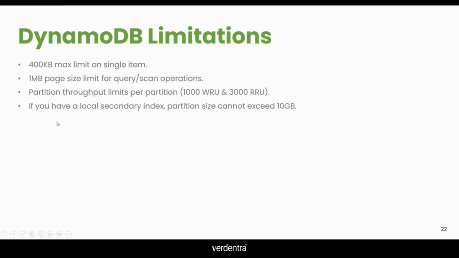There's also a limitation if you use local secondary indexes: your partition size cannot exceed 10 gigabytes. This is why I said these are not preferred because of this limitation. So it depends on what your workload is.